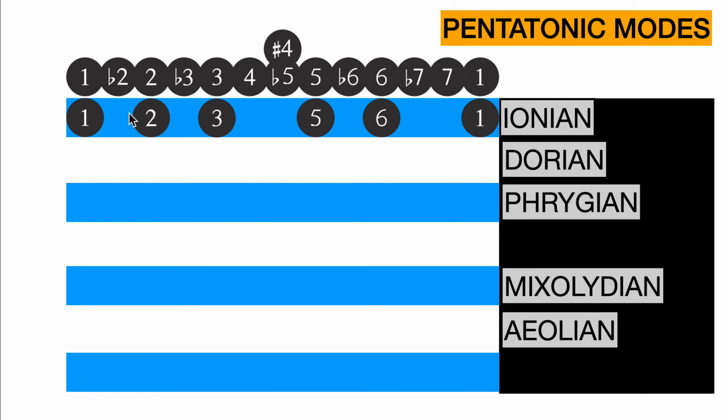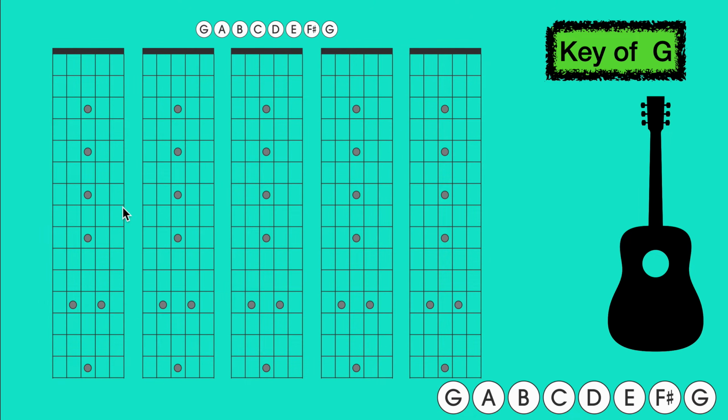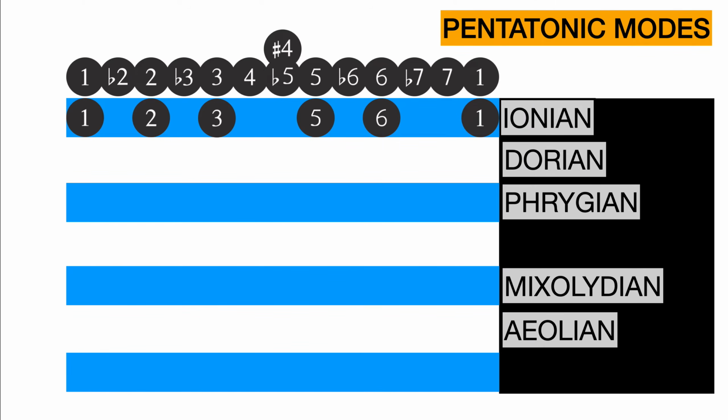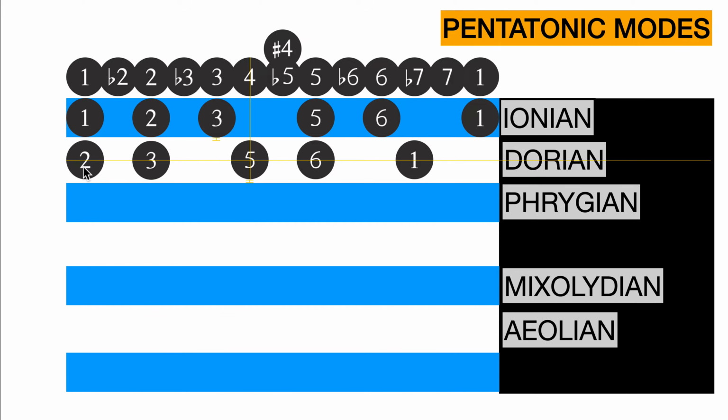So what are the other modes then? And after I go through this, I'm going to show how this is useful on the fretboard. So just bear with me. In order to gain the other mode, we have to compare this to this and see where our notes stack up.